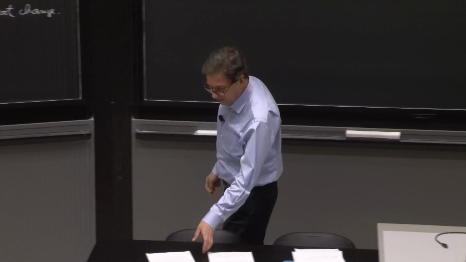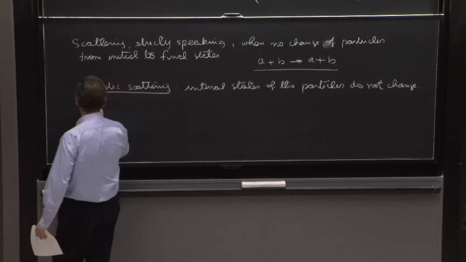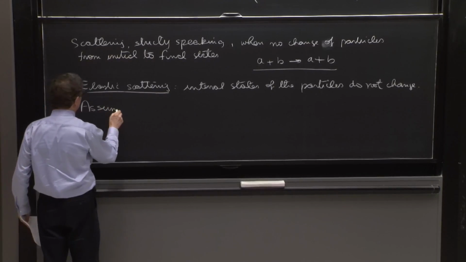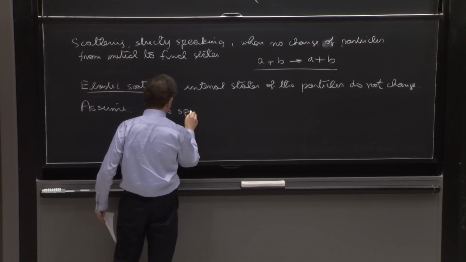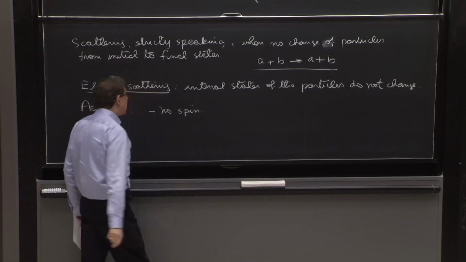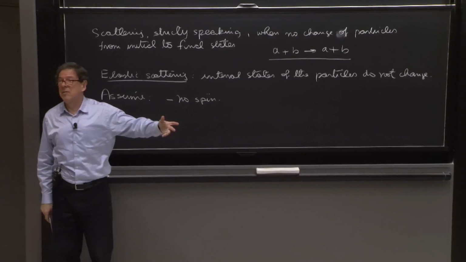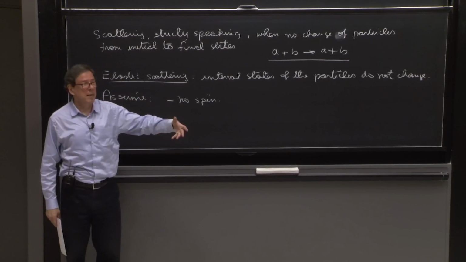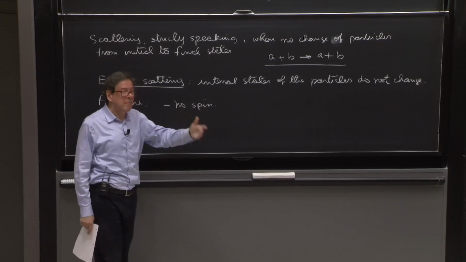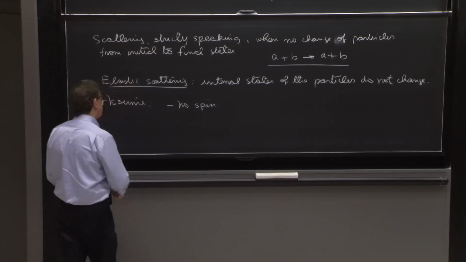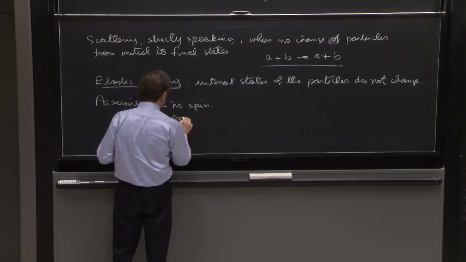So these are the first things that we will assume. One, no spin. This doesn't complicate matters as far as the scattering is concerned. It just complicates the algebra and the calculations you have to do because you have more degrees of freedom. We will be working non-relativistically.